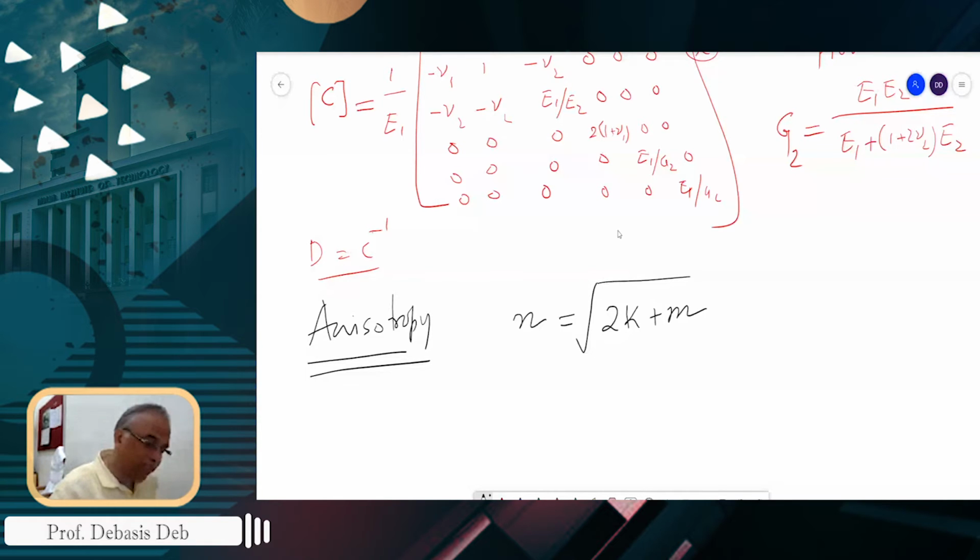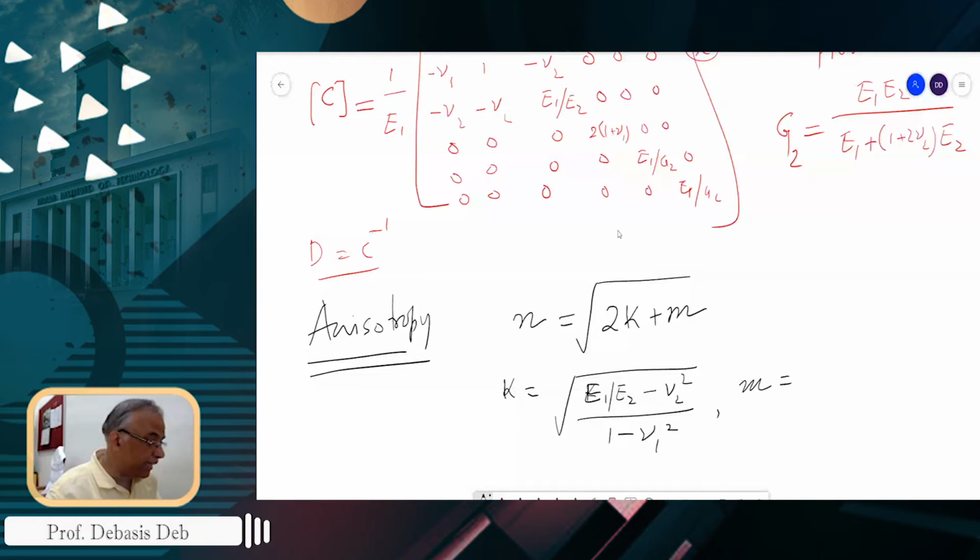Now what is k? He has given k equals E1 by E2 minus mu2 square by 1 minus mu1 square, and m you write as E1 by G1 minus 2 mu2 into 1 plus mu1 by 1 minus mu1 square.